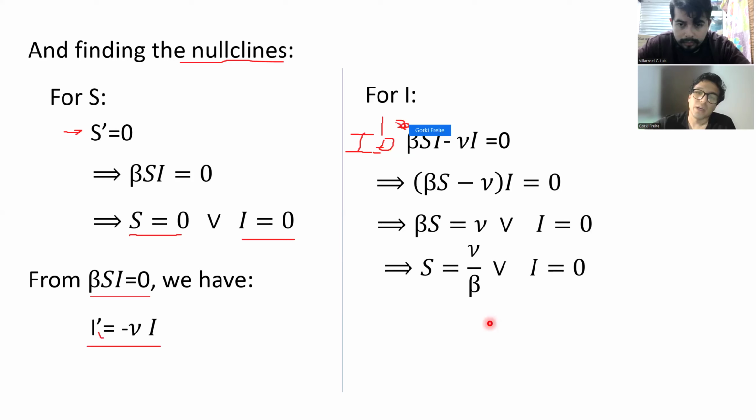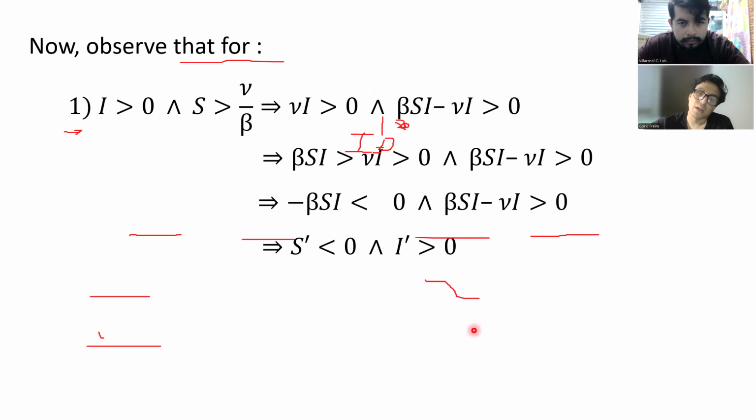Taking I as a common factor, we set I equal to 0, and then we get S equals v over beta. So we get the nullcline for I.